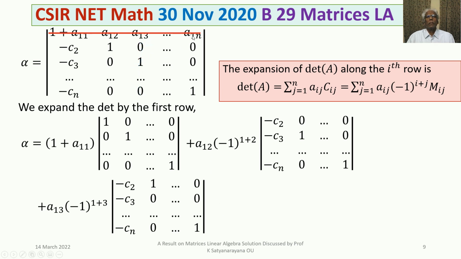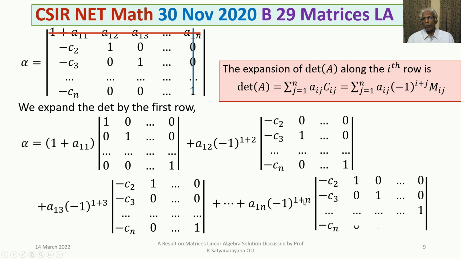At the end, a1n, delete the first row and the nth column. Then it will be a1n into (minus 1) to the power of 1 plus n into the remaining determinant. So that is the expansion of that determinant by the first row.